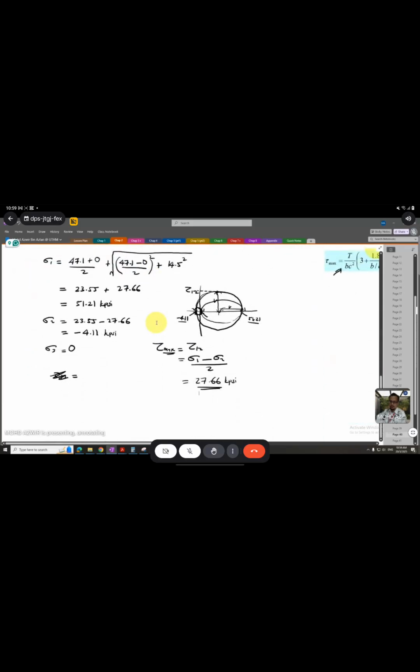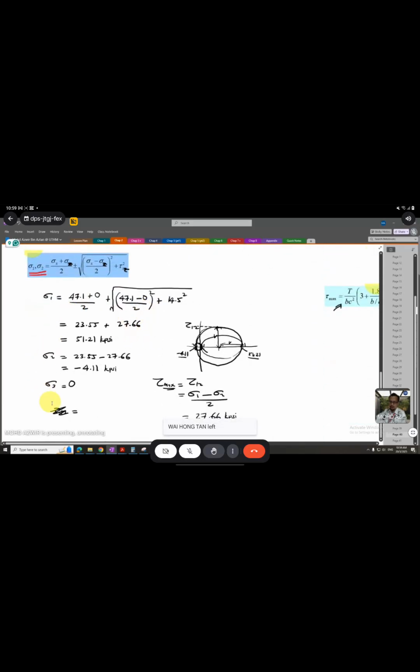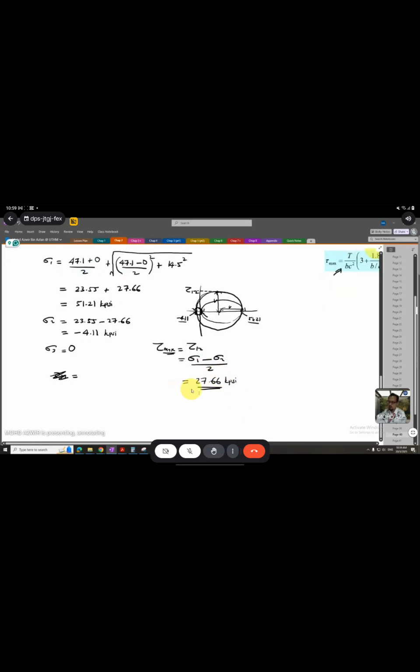And after this, we are going to use this value in the theory of safety factor. Okay, if they ask you to use sigma 1, sigma 2, sigma 3, then use this inside the equation. If they ask you to use tau max, just use this value inside the equation to calculate the safety factor.